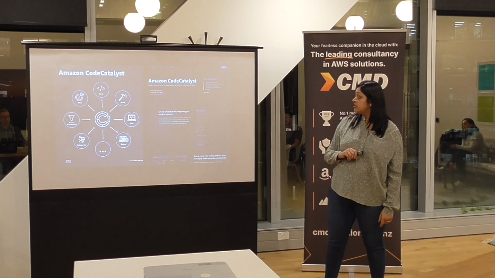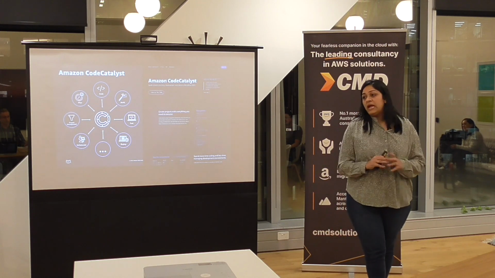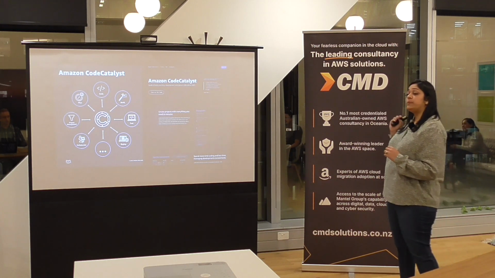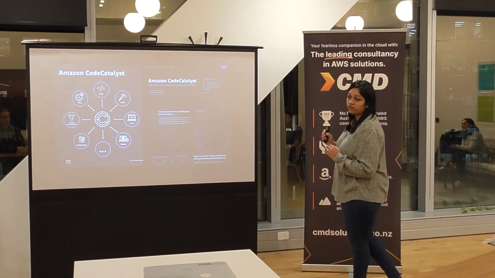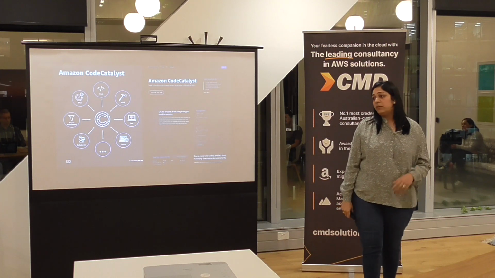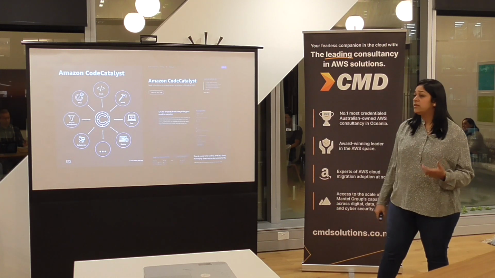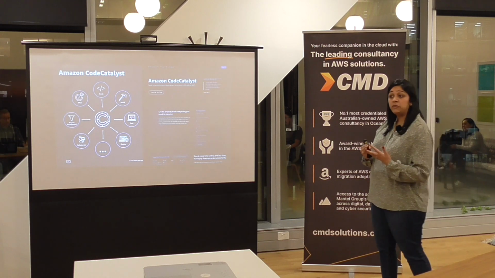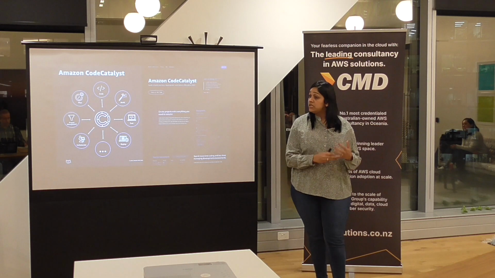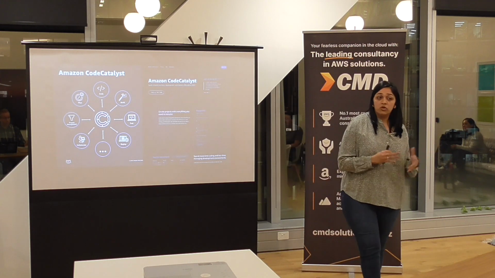So how do projects work? With CodeCatalyst, another benefit is that you can spin up projects within a few minutes of a click. We have got more than 15 blueprints available. A blueprint can be a single page application, a 3-tier web application, your data and analytics needs, or intelligent document processing blueprints.